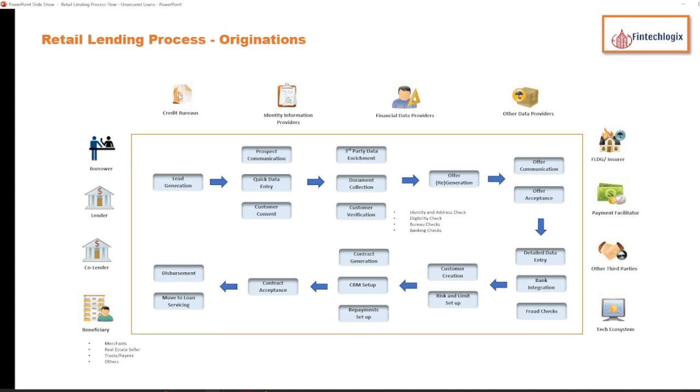Now, as we talked about credit bureaus, as part of this third-party data enrichment, we got this credit bureau data. Identity information providers might be Aadhaar or social security number authorities who provide the identity information. Financial data providers are basically your annual statement providers.